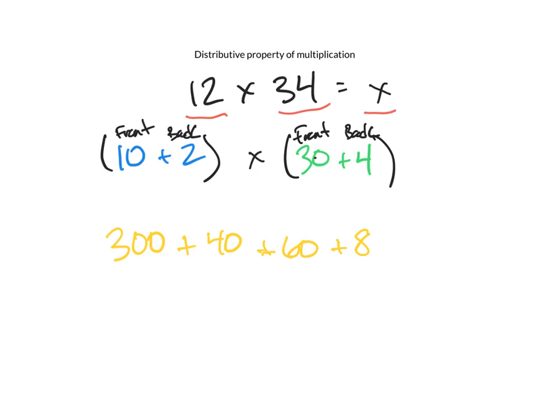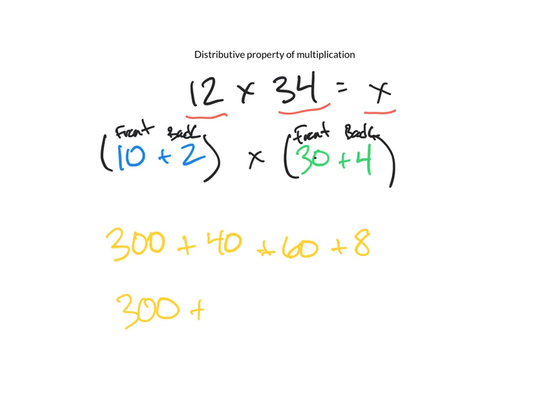Now, all we have to do is just add these up. And a way to add these up instead of lining them up and doing it the traditional addition way, let's just use mental math. So I have 300, let's leave that alone. I'm going to bring that down. Now, I have two of these numbers, which will add up to another really nice friendly number with 2 zeros, 100.